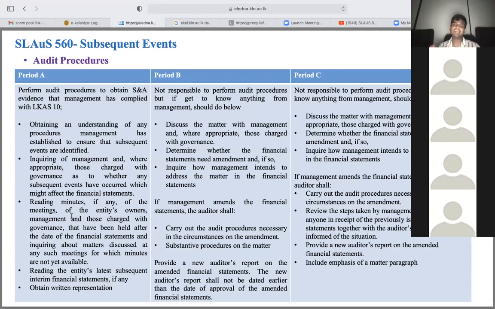But if anything happens and management is going to amend the financials, then we need to do audit procedures because the financials have changed. So we need to check whether this change is okay or not, and based on that, we need to provide a new audit report, right? A new audit report.